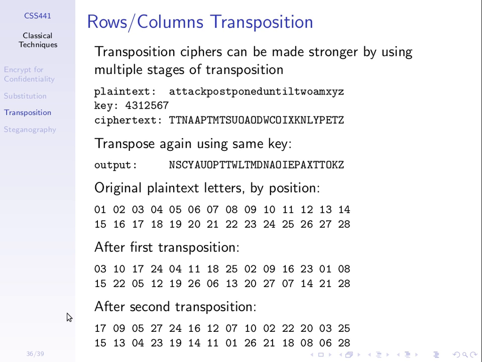Why do this? Look at the arrangement of numbers after the first transposition. Look at these numbers. Do you see any pattern in them? Don't say no. Yes, you see a pattern. 7 is something to do with it.